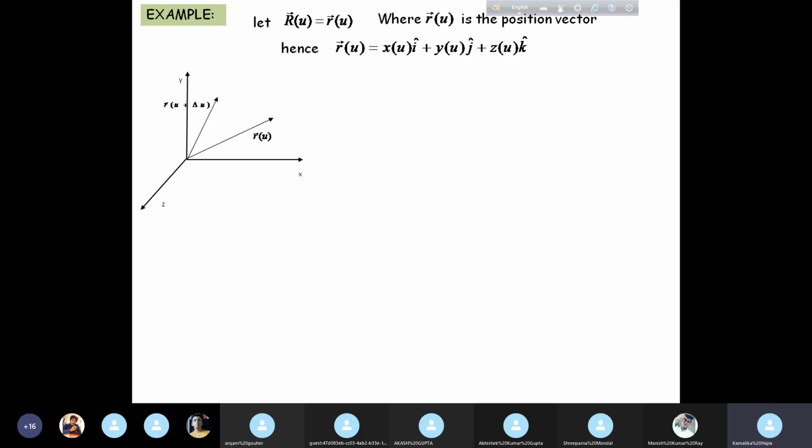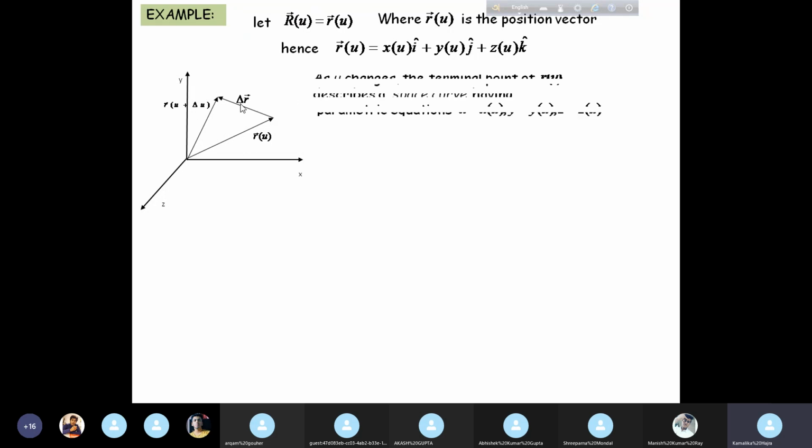So when you change the parameter u by a certain amount delta u, which is infinitesimally small, this is the new position of the vector r. So we have r at u and r at u plus delta u. And therefore, this vector joining the tips of the two vectors r(u) and r(u plus delta u) is the vector delta r.